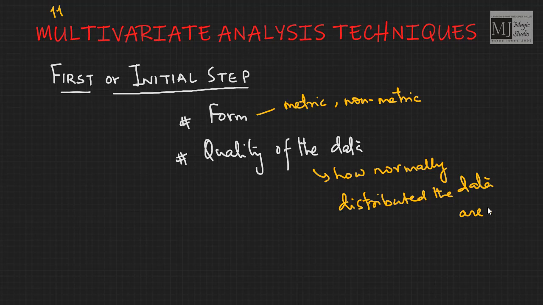The closer the data would be to a normal distribution, the more help we will get in formulating our hypothesis, in testing our hypothesis. Because majority of the time, most of these tests of hypothesis are based on the assumption that our distribution is normally distributed.